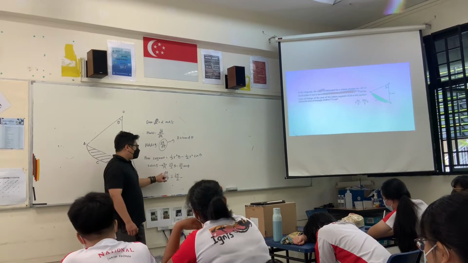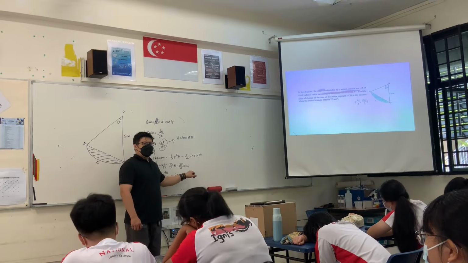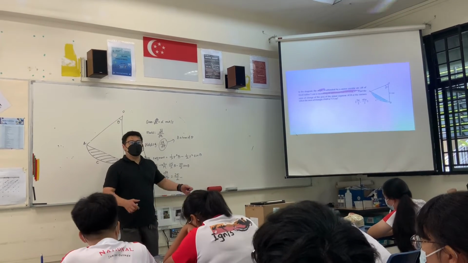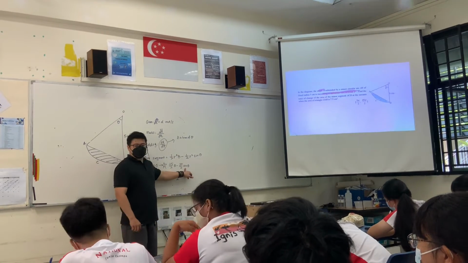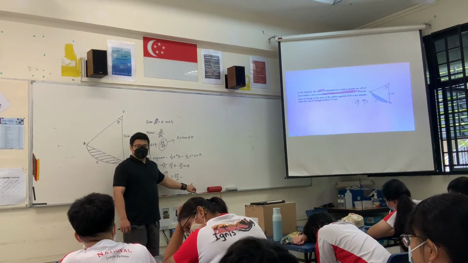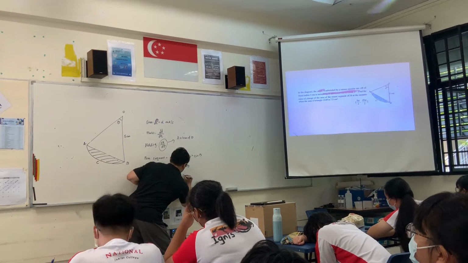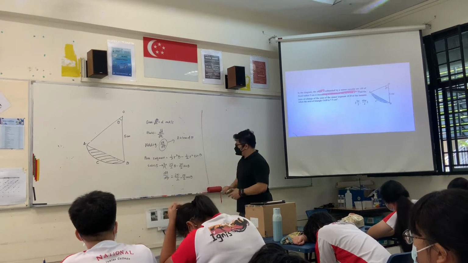Then differentiate sine with respect to theta, I will get cosine. So this is minus 25 over 2 cos theta. Okay?